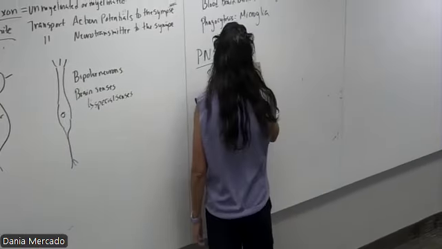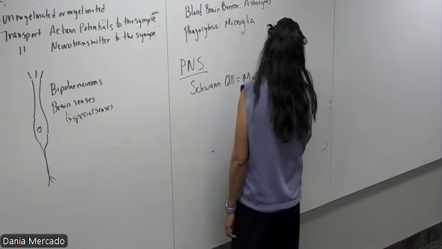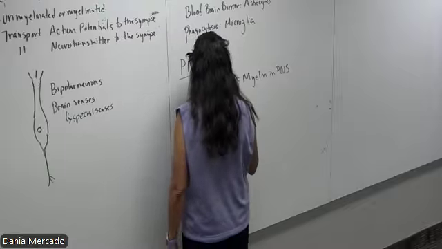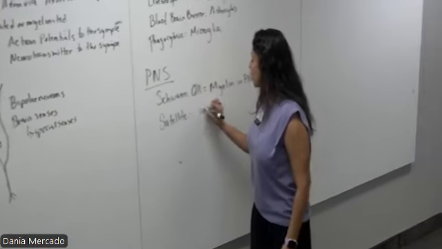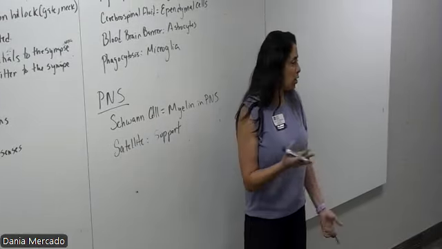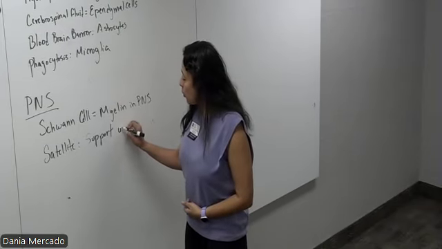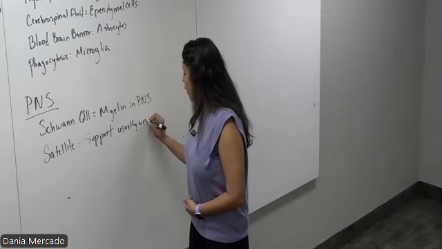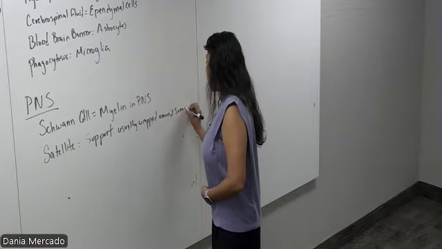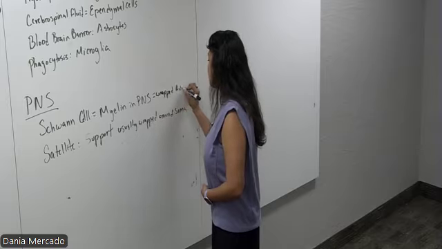So Schwann cell, which is what? Myelin, right? Myelin in the peripheral nervous system. And then you have the other S for satellite. The satellite cells were support cells in the sense that they controlled different things, gas exchange, neurotransmitter production, etc. The satellite cells are usually wrapped around the soma, and the Schwann cells are wrapped around the axon.